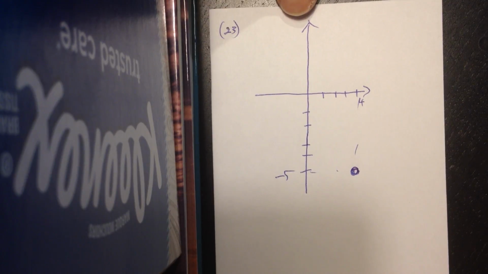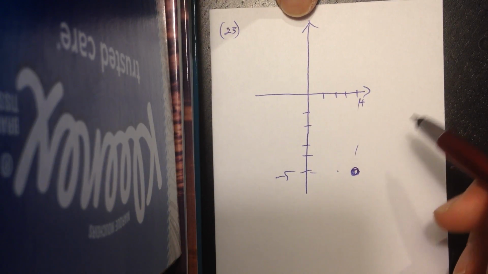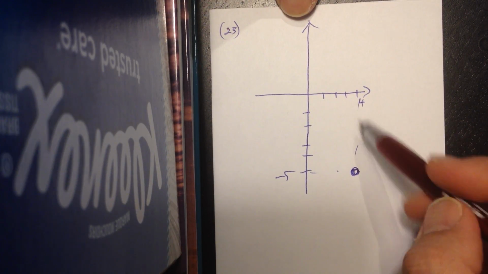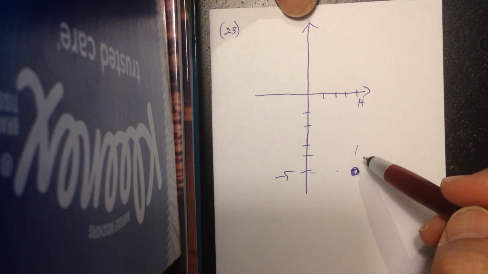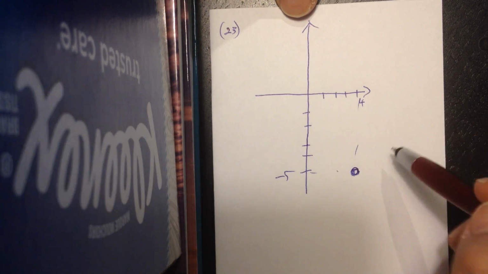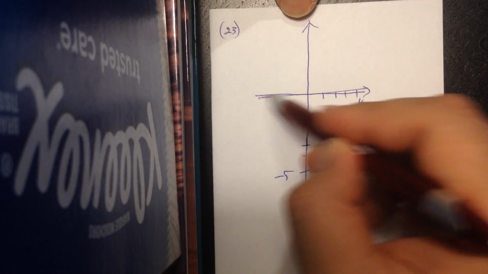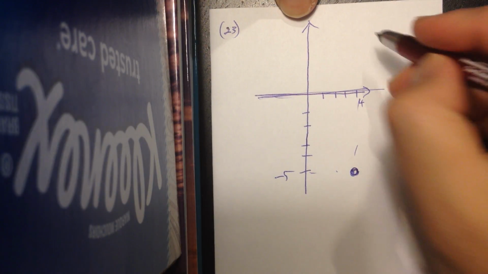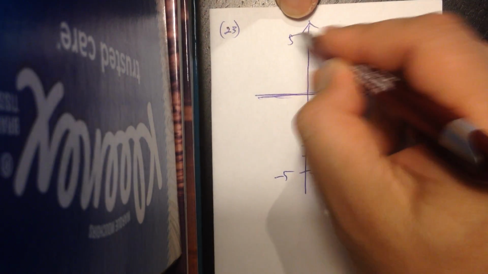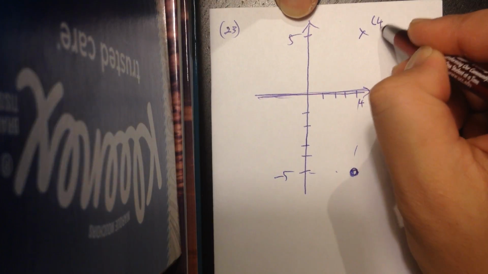Okay, so let me start out with this one. Now, if I wanted to find or plot the point that is symmetry over the x-axis, that means we're folding this paper over the x-axis. So when you fold it, obviously this is where we're at, which is right there, 4, 5.